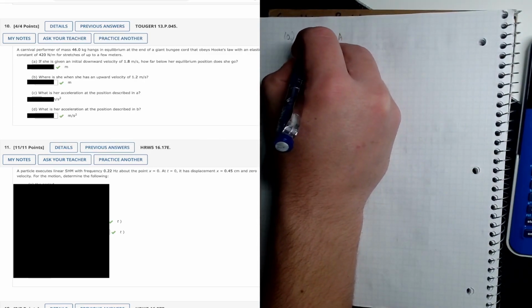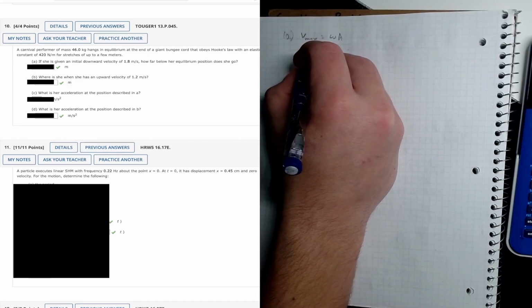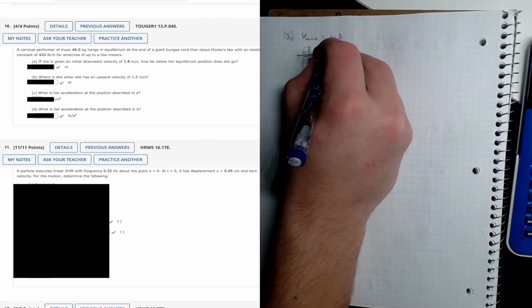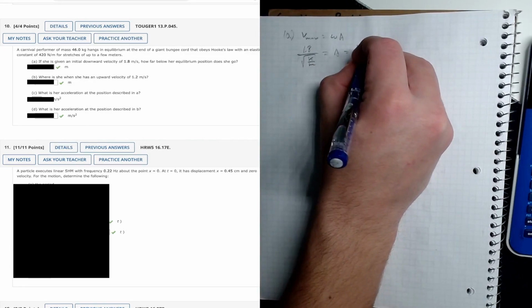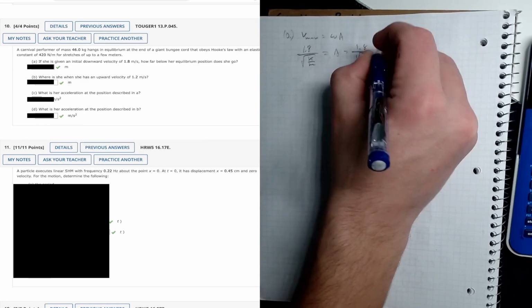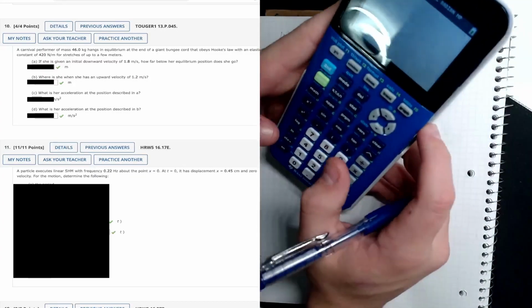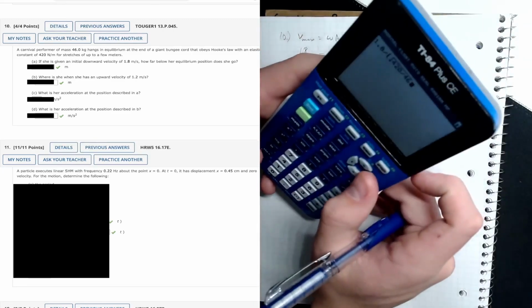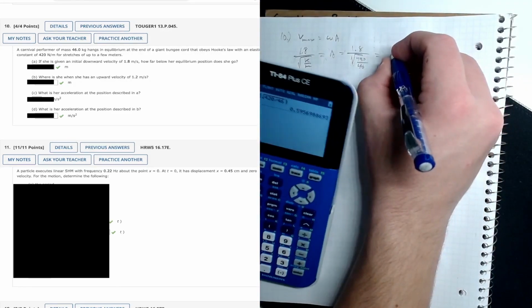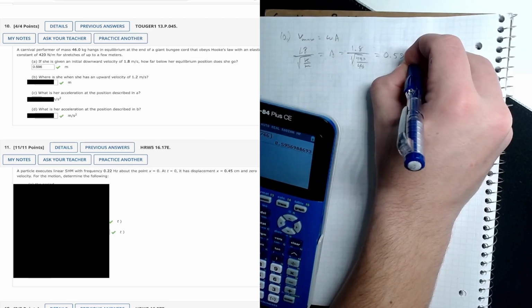Amplitude is going to be 1.8 divided by W, which in this case is the square root of K over M. Yes, K over M. So A equals 1.8 over the square root of 420 over 46, which equals 0.596 meters.